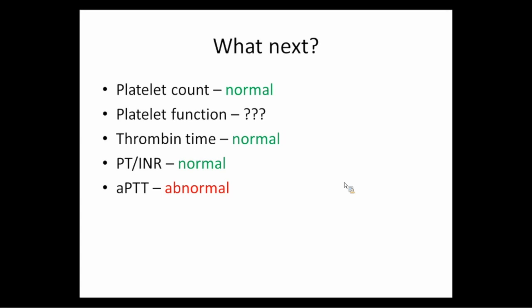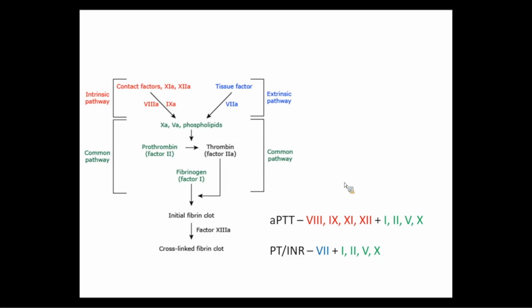So it's probably helpful to back up and remind ourselves what each of these tests is. I put this on the board. Mike did a very good job of summarizing for us what these two are looking at. So the PTT, this is a simplification of our clotting cascade.